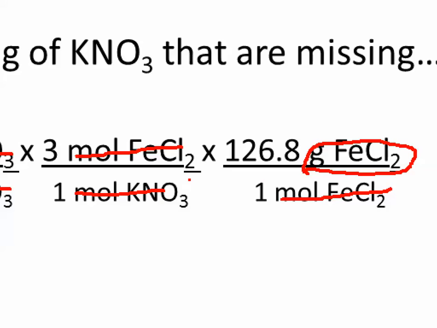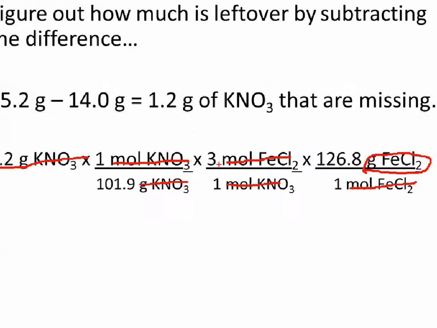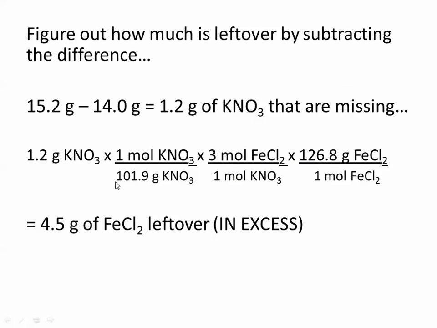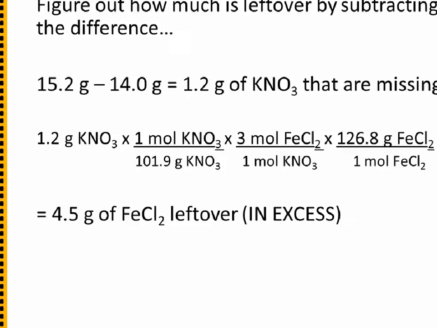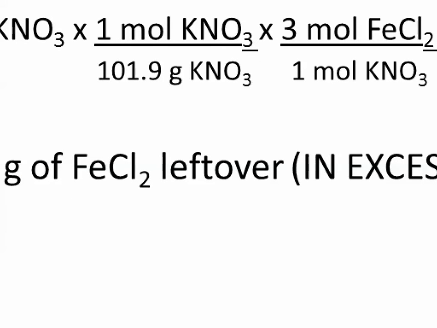So I'm just reverse engineering that. And what you end up getting from that is 4.5 grams of FeCl2. So what that means is after this reaction is completed, 4.5 grams of FeCl2 will have not reacted.